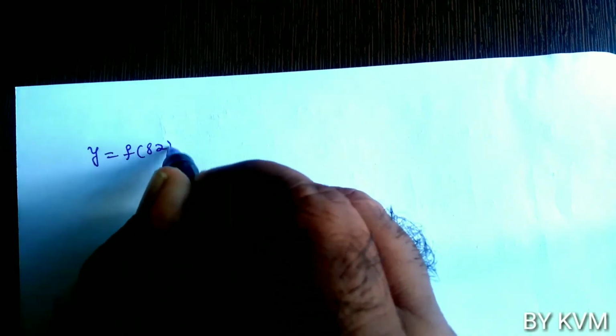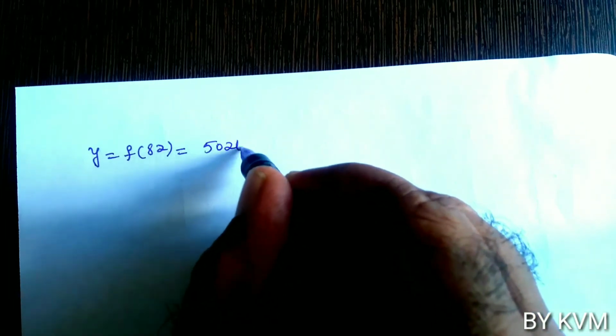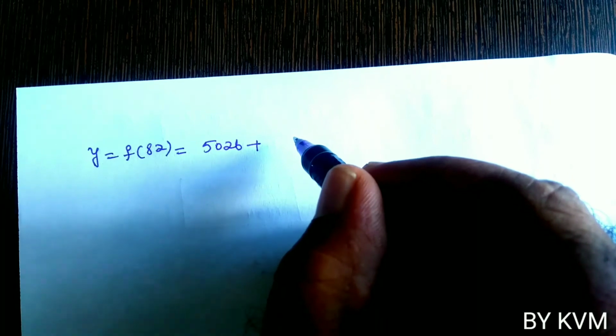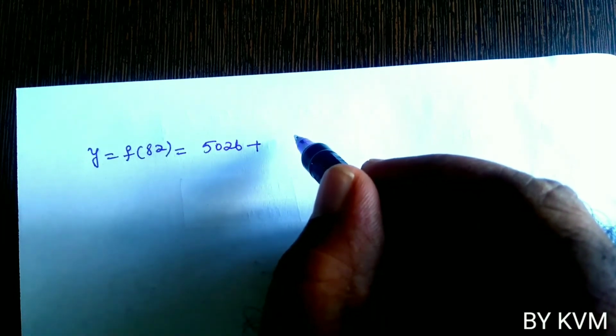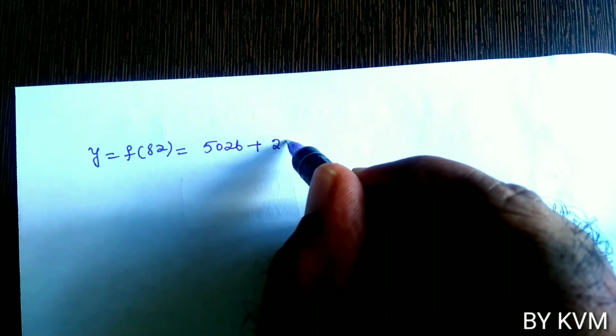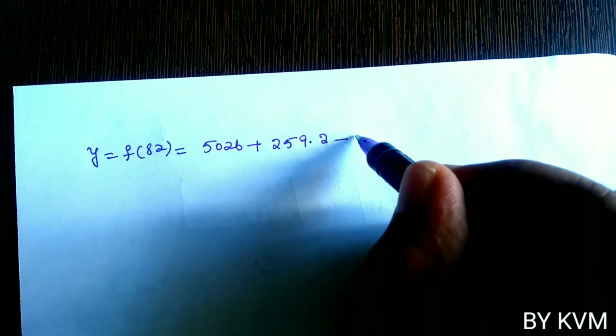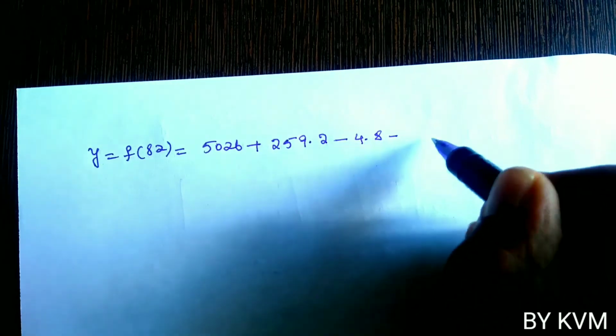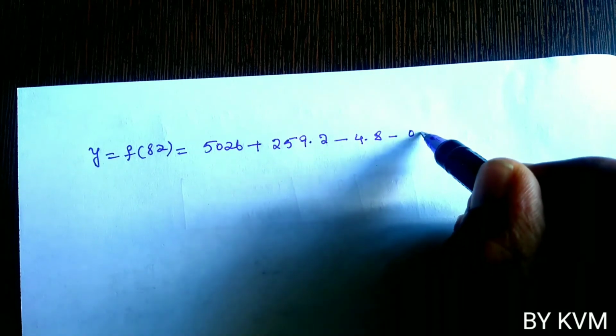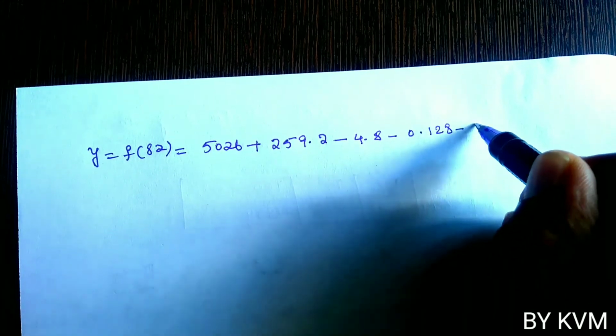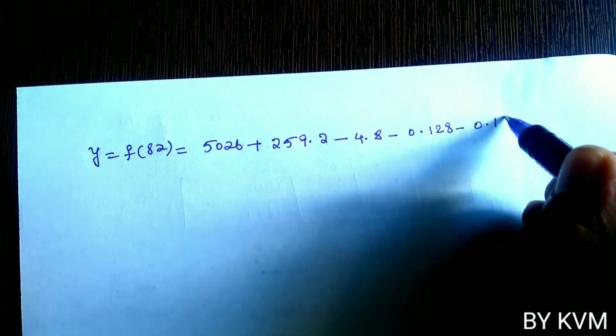Now you have to simplify each term separately. So y equals f of 82 equals the first term y naught, 5026, plus r into delta y naught, that is 259.2, minus 4.8 from the third term, from the fourth term minus 0.128, fifth term minus 0.1664.